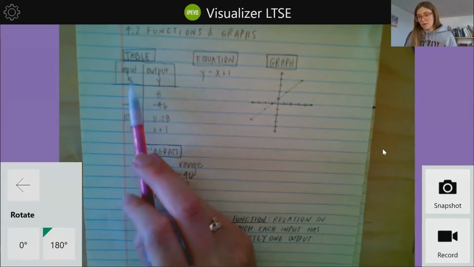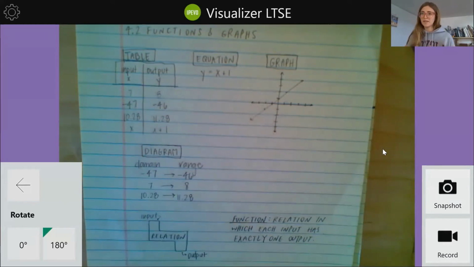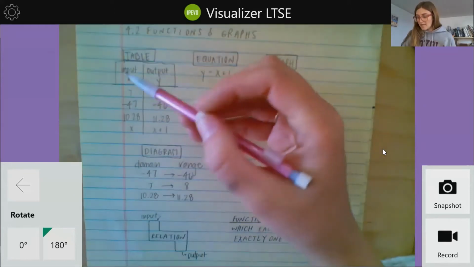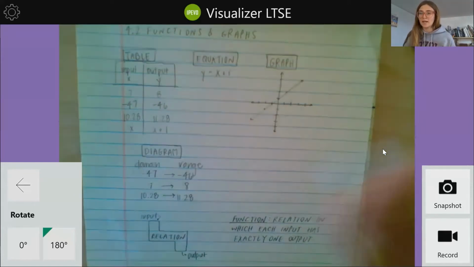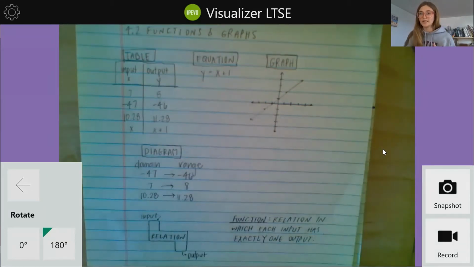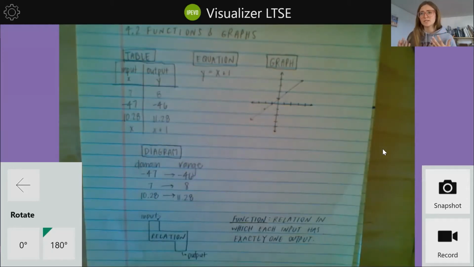So on the left, we have the input, which is usually denoted by X, but really it can be any letter. And then on the right side, there's the output, or the Y. And again, it could be any letter, but usually it's Y. The input-output table can also be written horizontally on its side, but I will almost always do it vertically just because that makes more sense for me.